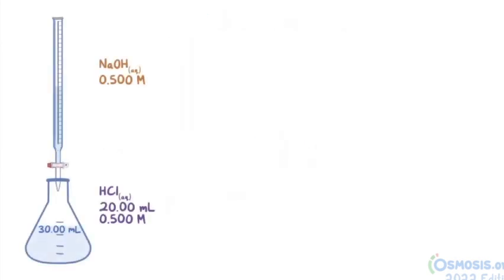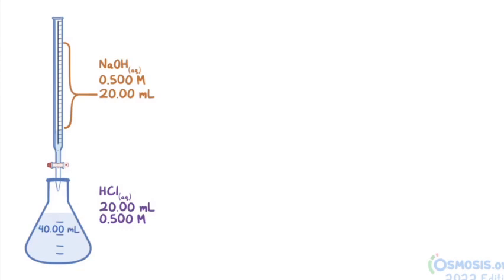Now, we continue the titration by adding another 10 milliliters of base to our solution. Since we've already added 10 milliliters, adding another 10 milliliters means that we've added a total of 20.00 milliliters of base. Since we started with 20.00 milliliters of hydrochloric acid, the total volume in our flask will be 40.00 milliliters.